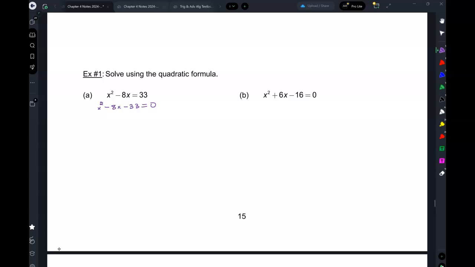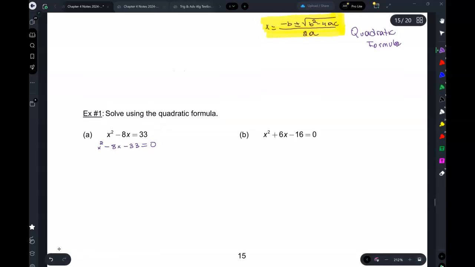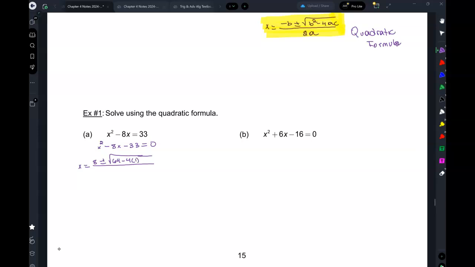And then x is negative b plus or minus, all that stuff. So x is negative b, so it's plus 8, plus or minus the square root of b squared minus 4 times a times c, which is negative 33, so this becomes plus, all over 2a.